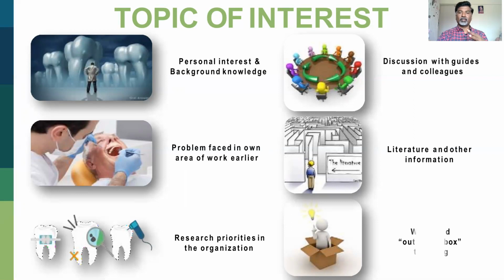And the last one is you have to select a topic which is unique, which is new, because if some members have already shared their views on a particular topic, and you select the same topic for your research, then that topic is of no use. So while selecting the topic, you have to consider these points before starting your research.